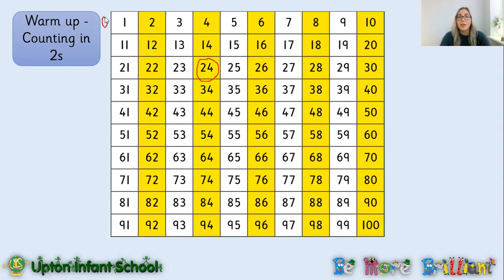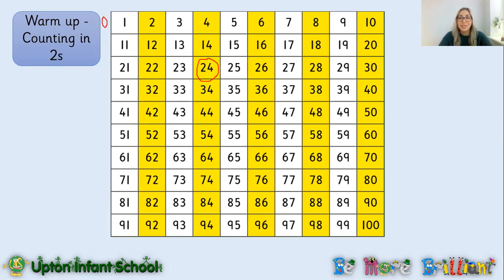So starting from 0, following my mouse if you find that helpful. 0, 2, oh, where's it gone? 0, sorry, let's start again. 0, 2, 4, 6, 8, 10, 12, 14, 16, 18, 20, 22, 24.